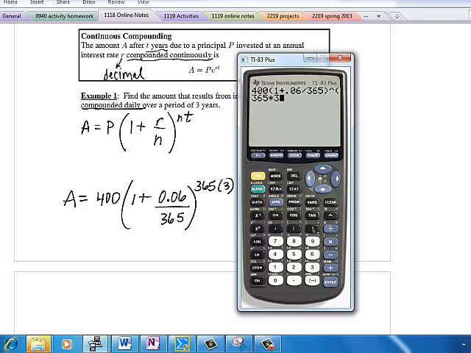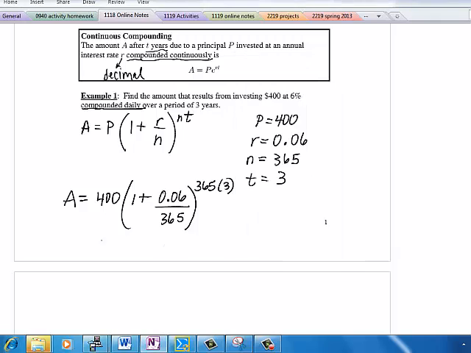We want the exponent to be that whole product. We get $478.88. And then you always want to think, does this seem reasonable? Sure, it's not significantly more than 400. The interest rate was 6%, we were going for 3 years. Seems reasonable.